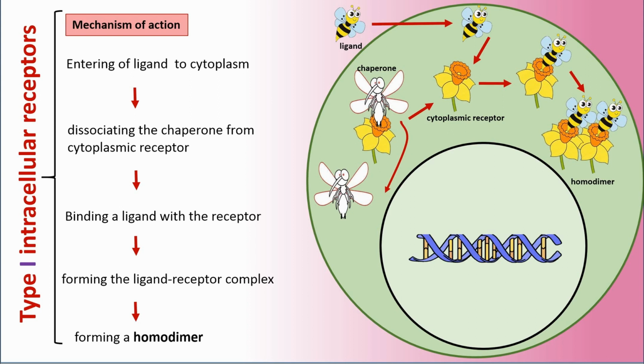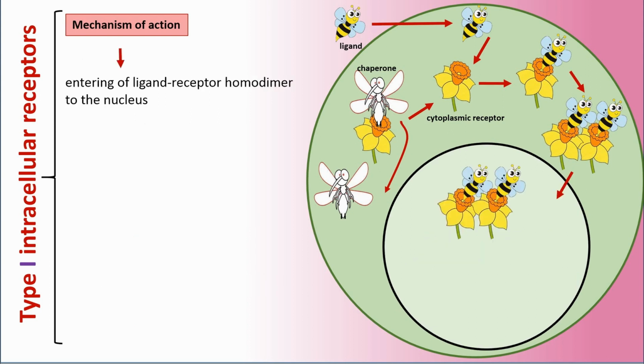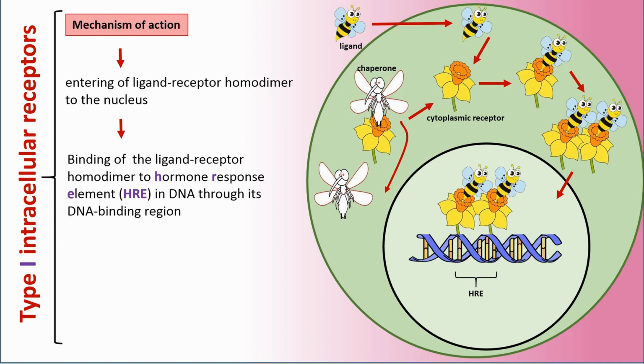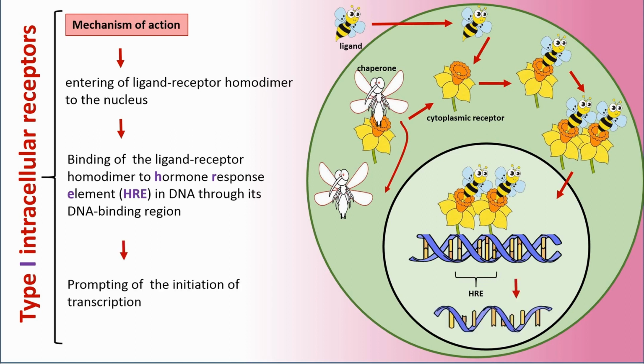Then, forming a homodimer. Next step is entering of ligand-receptor homodimer to the nucleus. Then, binding of the ligand-receptor homodimer to hormone response element or HRE in DNA through its DNA binding region. Finally, prompting of initiation of transcription.